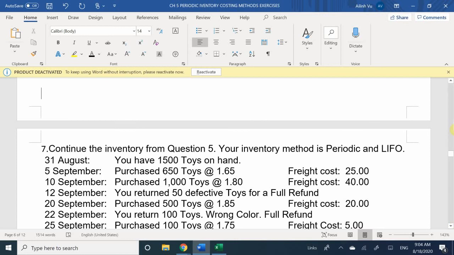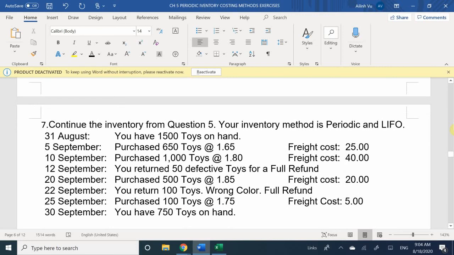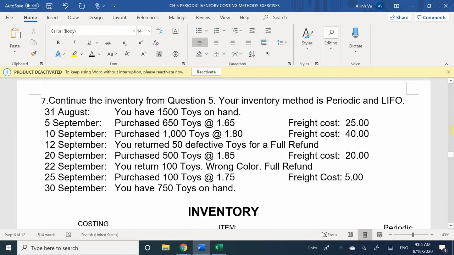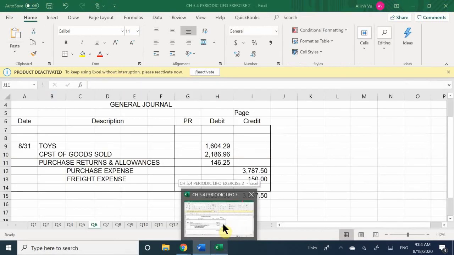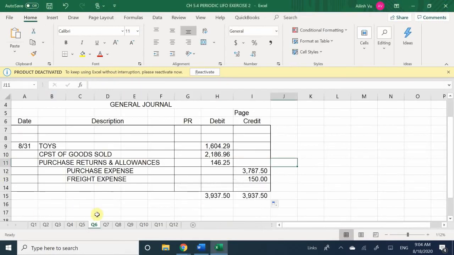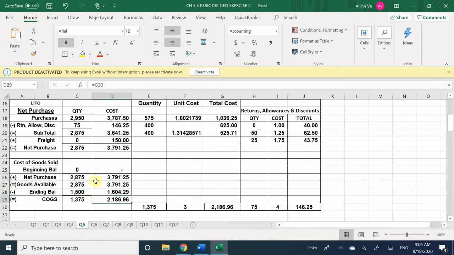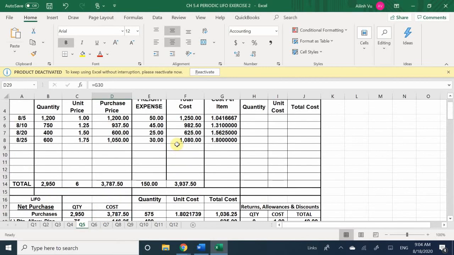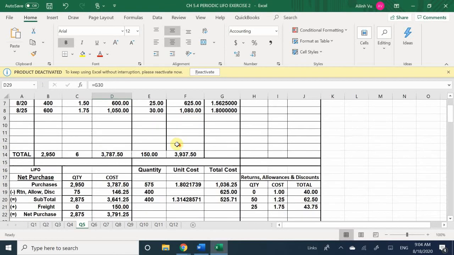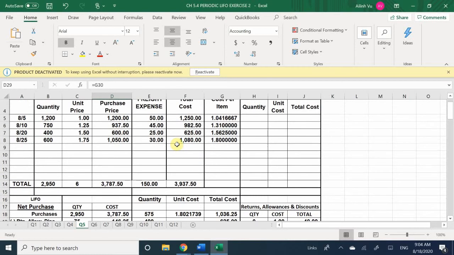So here on August 31st, you have 1,500 toys on hand. Where are those 1,500 toys coming from? And then 810.